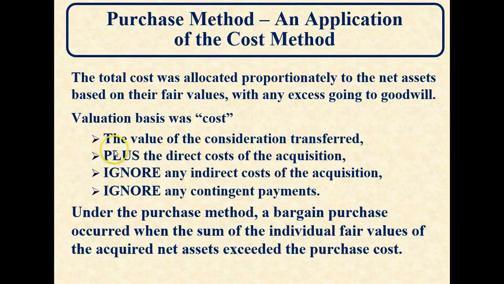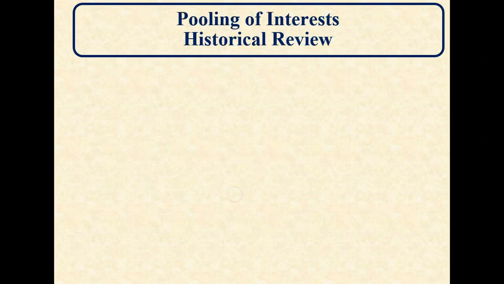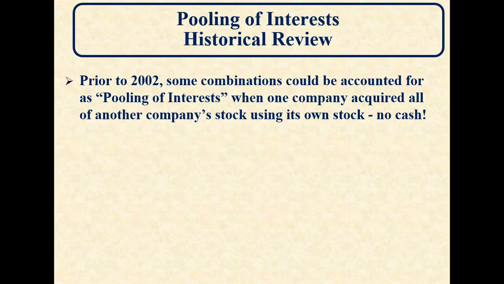So basically, the value of the consideration transferred plus direct costs related to the acquisition, we ignored any indirect costs and ignored any contingent payments. Basically, in this purchase method, the bargain purchase occurred when the sum of the individual fair values exceeded the purchase cost. That makes sense.